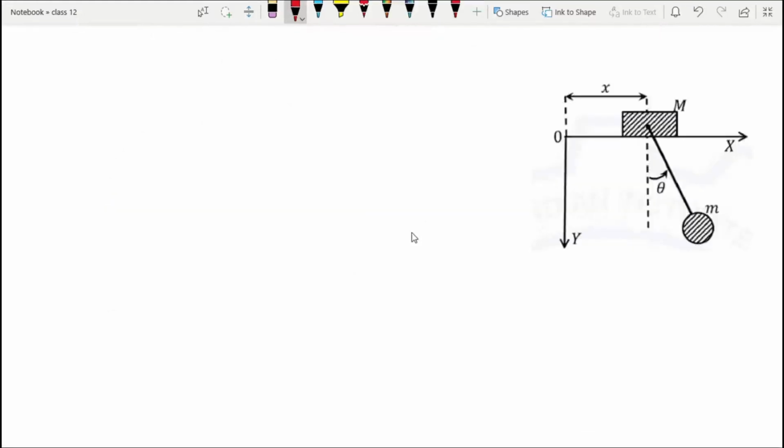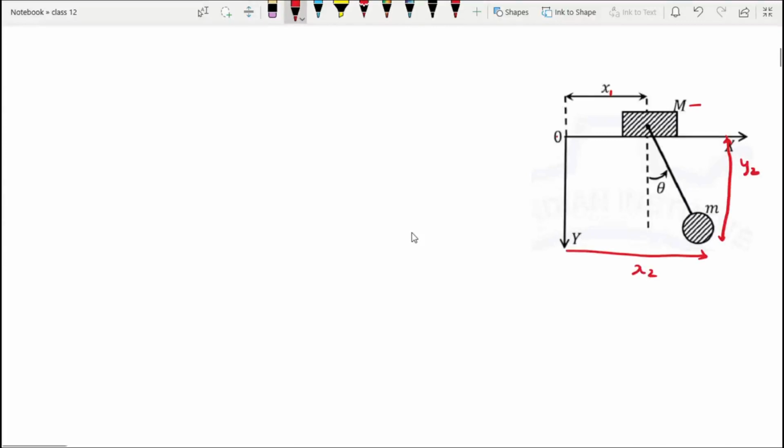First we will see what is the position of the block and mass. So the block is at a distance of x from the origin. So here we will consider this distance as x1, and the y position is 0. In the case of the bob, the position is x2 and this y position is y2.